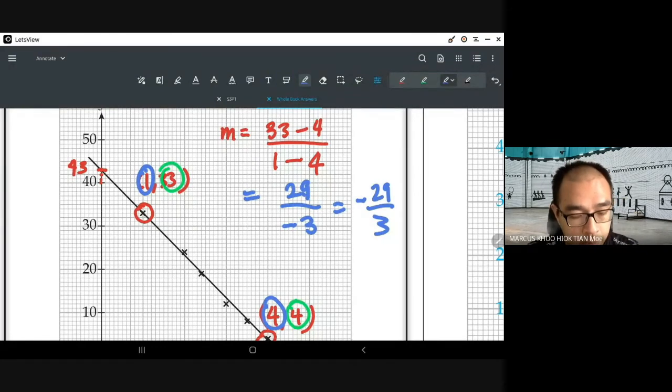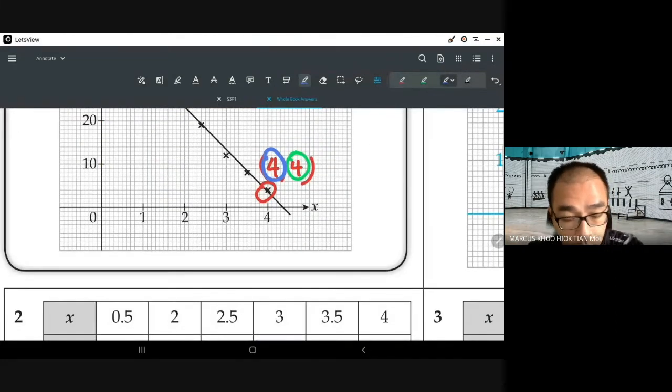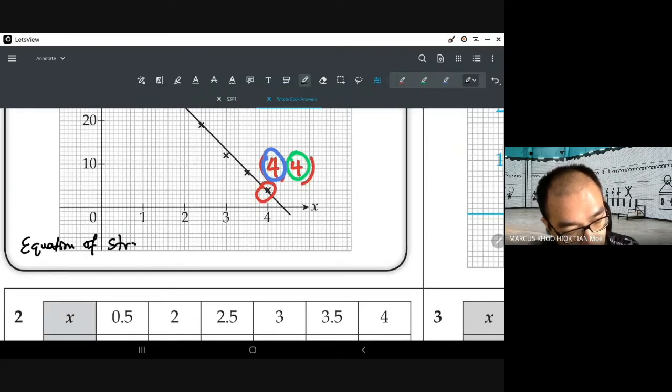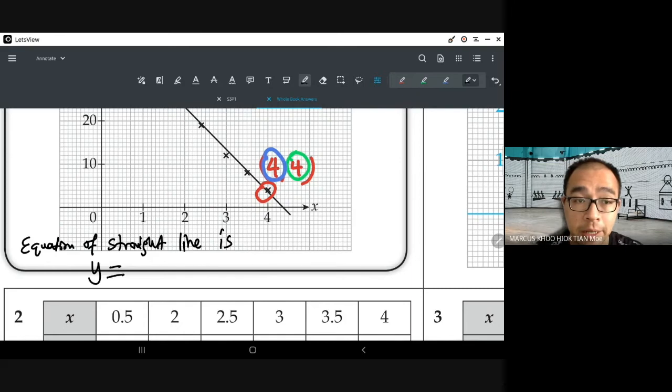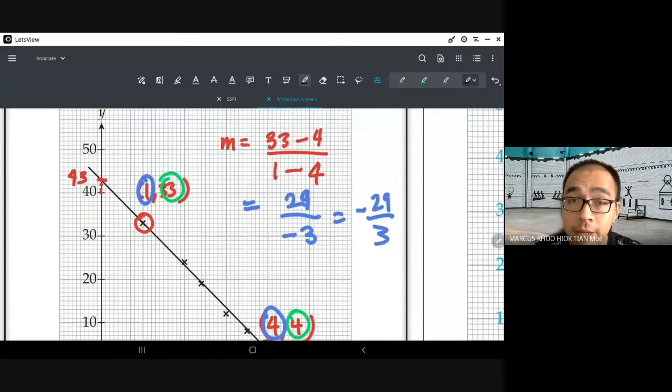Okay, and then after that we put into the equation of the straight line. So you write like this lah. Okay, so the equation of straight line is y equals to, how much is my gradient? My gradient is -29 over 3.